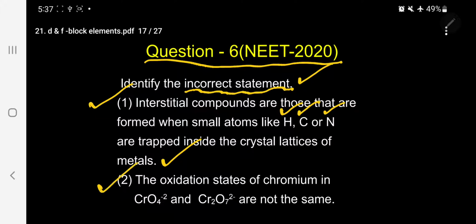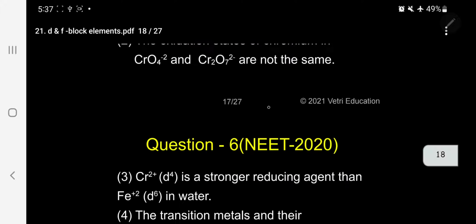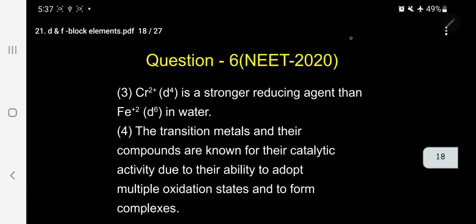Number 2, the oxidation states of chromium in CrO4 2 minus and Cr2O7 2 minus are not same. Third one, Cr2 plus having d4 configuration is a stronger reducing agent than Fe2 plus d6 in water.